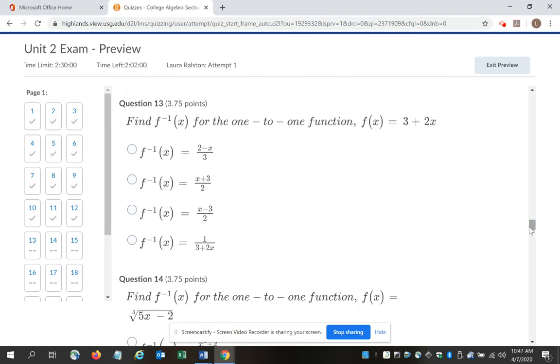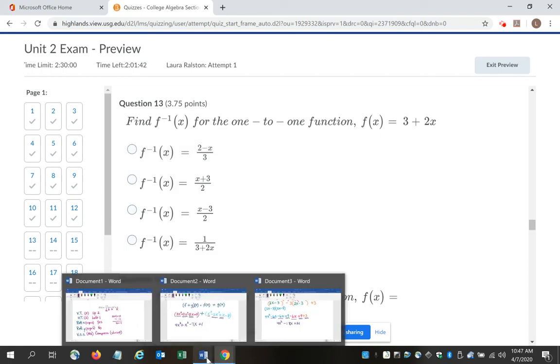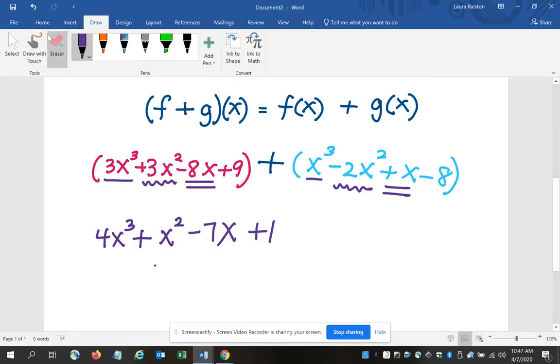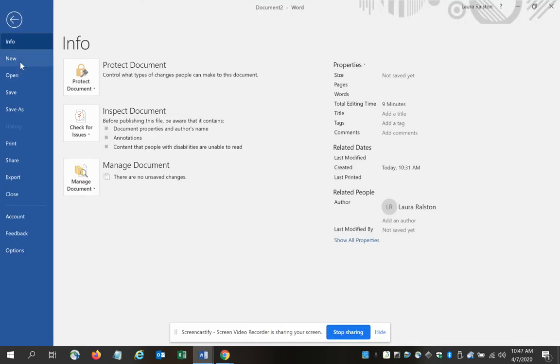Question 13 gives you a one-to-one function, f of x equals 3 plus 2x, and it asks you to find the inverse. So I tell you outright that it's one-to-one, and I then ask you to find the inverse. Okay, so I'm going to get us a clean sheet of paper.